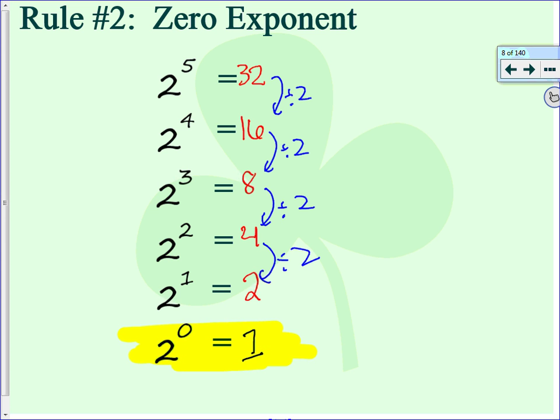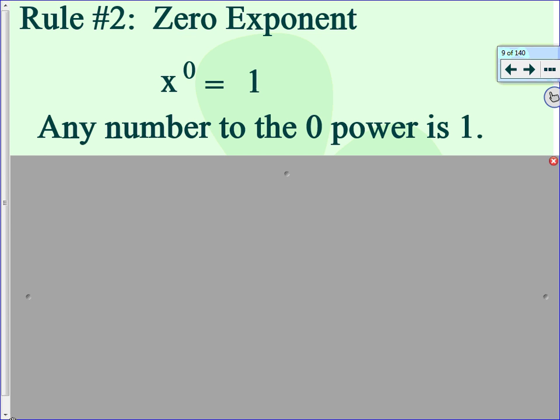It is defined as 1. And so that gets us to our zero exponent property, which states any number to the 0 power is 1. And the reasoning for that is that pattern, okay? If we take powers of 3, 3 cubed is 27. 3 squared is 9. 3 to the 1 is 3.